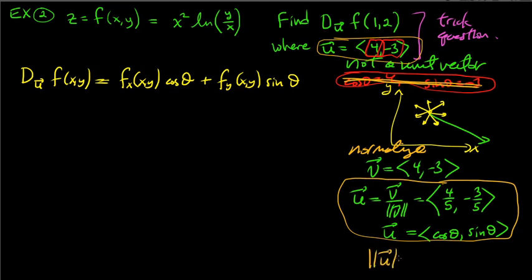Now you can check that the magnitude of this is indeed 1. I can write a 1 there. So really the only issue now is calculating the partial derivatives. The partial derivative of z with respect to x, or f subscript x.